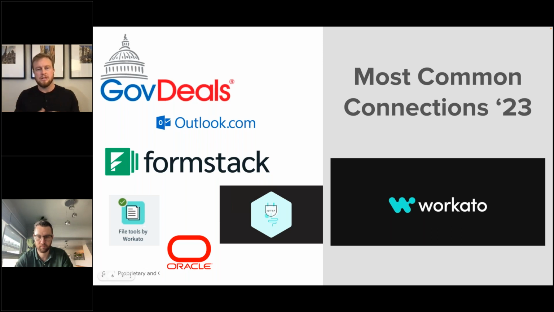Now that swivel chair exercise can actually be done utilizing an Oracle connection in Workato. When something is closed, received, whatever status it may be, push that information back into Oracle and automate that last mile and alleviate the task from your accounts payable team.